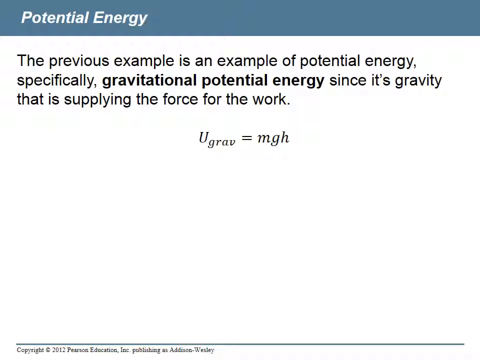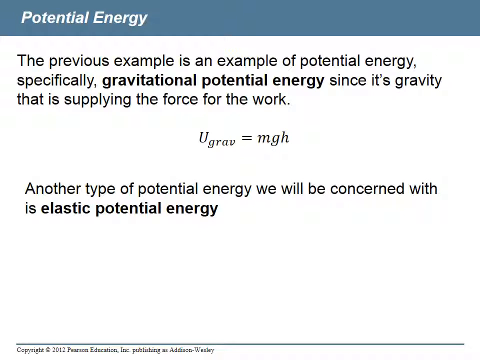U grav is equal to mgh. mg is the force of gravity, h is the height at which it falls. So it's actually just work. It's actually just the force times the displacement. The force happens to be, in this very specific case of gravitational potential energy, mg, mass times gravity. And the distance it goes, the displacement, is the height at which it falls. So gravitational potential energy is mgh.